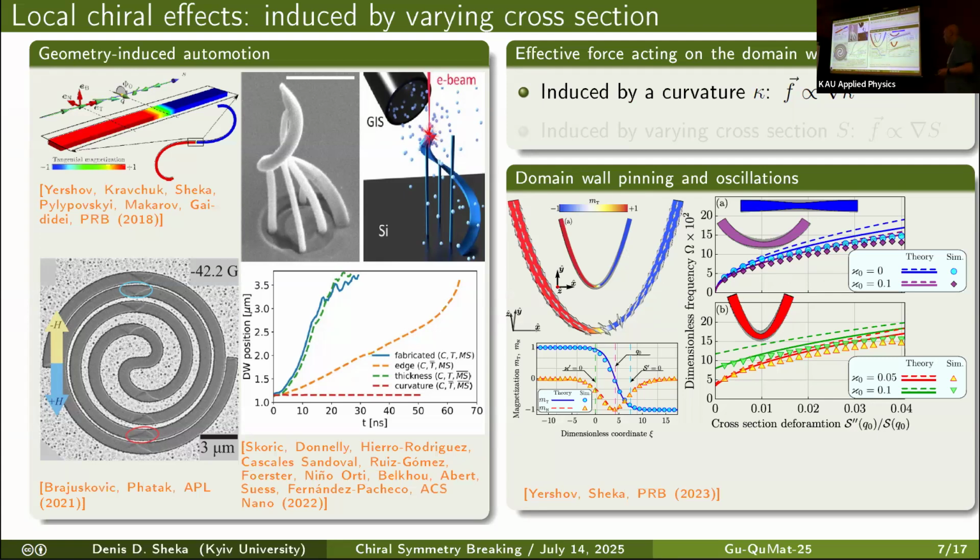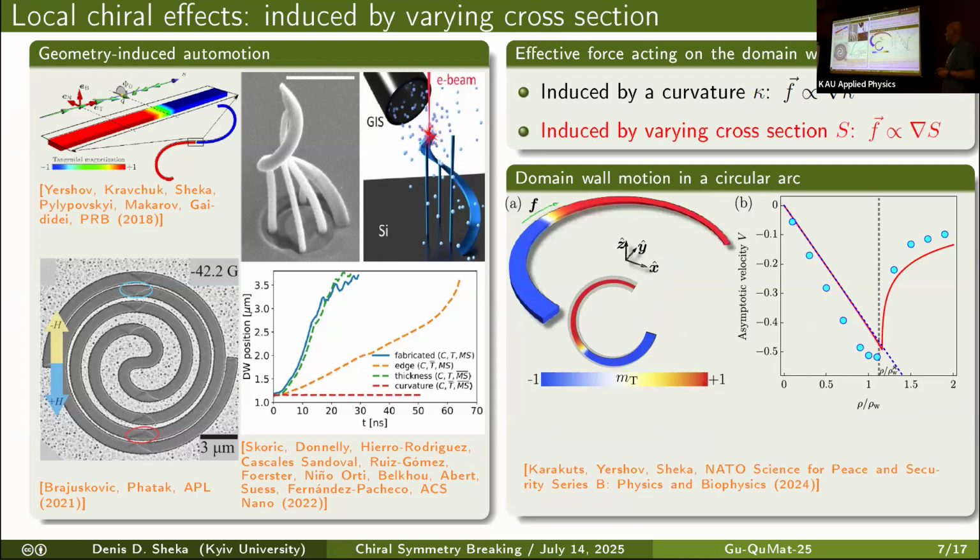We started with flat systems and realized that domain walls can be pinned by the varying thickness, and we can excite oscillations of the domain wall by a magnetic field, and the frequencies are determined by both the curvature gradient and the thickness gradient.